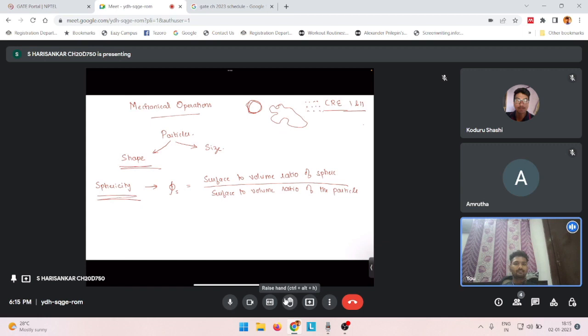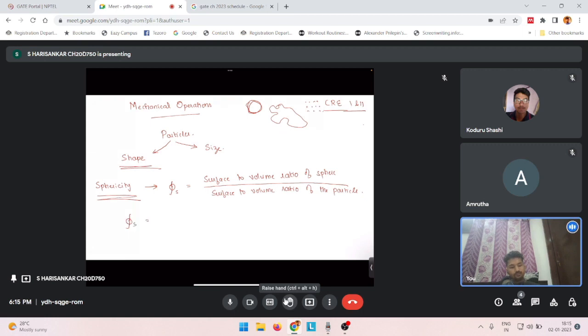So basically what sphericity tries to do is make the particle equivalent to the sphere by taking the surface to volume ratio of the sphere and the surface to volume ratio of the particle. So you can have a general equation for sphericity as well.